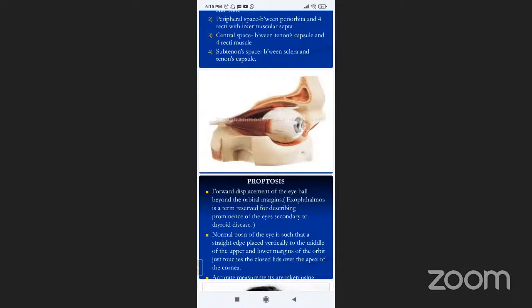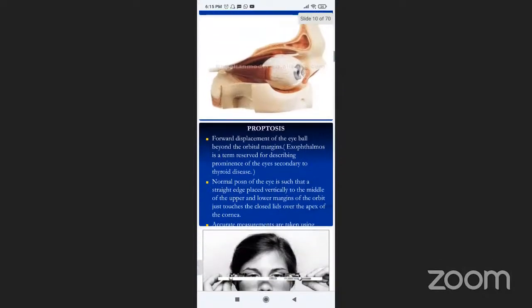That is, in thyroid diseases, it can be either hyperthyroidism, hypothyroidism, or euthyroidism, there can be associated hypertrophy of the orbital tissue, and that can produce an orbital eye disease that will produce prominence and protrusion of the eyeball. That is known as exophthalmos. So exophthalmos is actually proptosis when it occurs in thyroid eye disease.